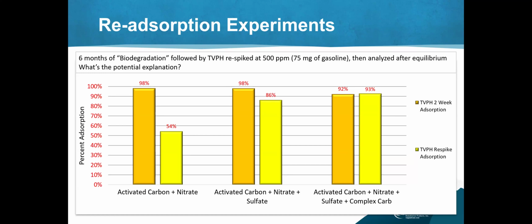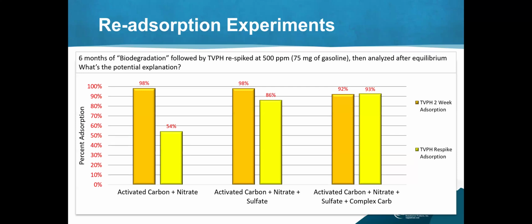What is happening during that time? You're building up a biofilm on that activated carbon, and those microbes are degrading the petroleum hydrocarbon. And you're waiting. And so then you come back and you have carbon with a biofilm and very little petroleum hydrocarbon left. And you respike.